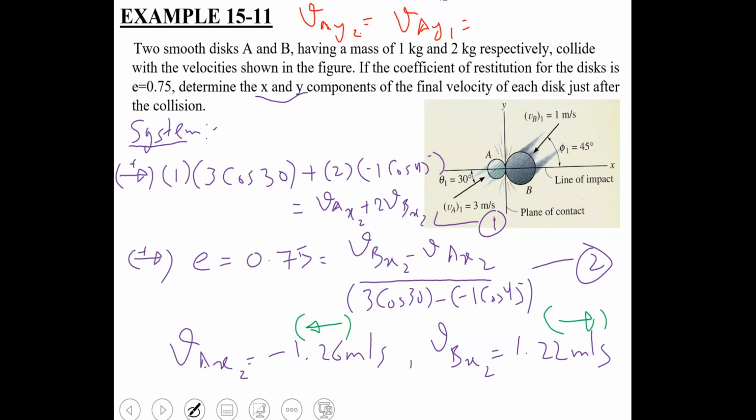Movement along plane of contact. Yes, since no impulse acts along the plane of contact, it means that there shouldn't be any change in its momentum along the plane of contact. That is, MA VAY2 should be equal to MA VAY1, or in other words, VAY2 should be equal to VAY1, which is 3 sine of 30 degrees. Okay?